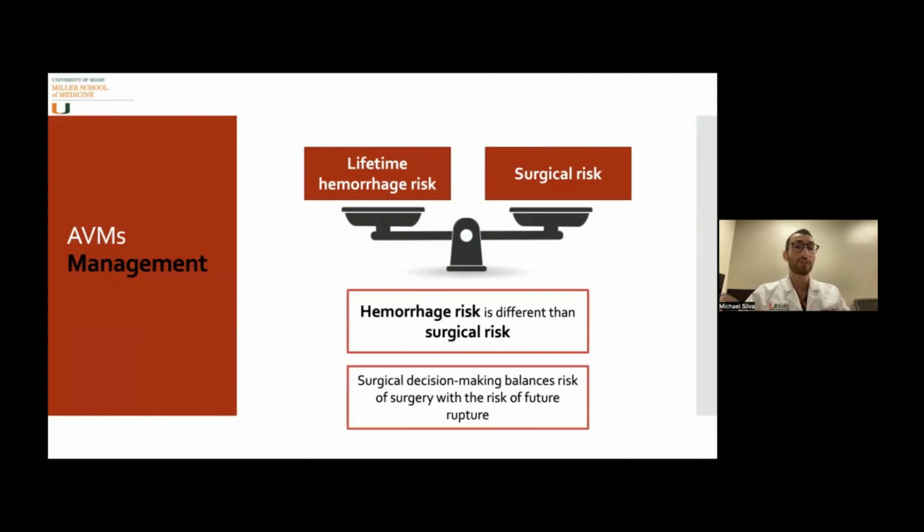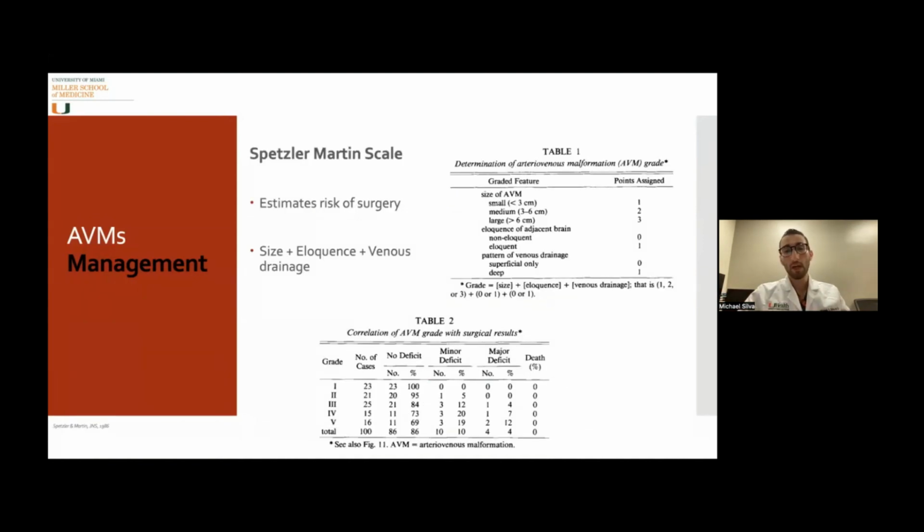And the decision of how to manage the patient is balancing the risk of surgery with the risk of future rupture. So the Spetzler-Martin scale, which we all know and are familiar with, looks at the size of the AVM, the location of the AVM, whether or not it's in eloquent tissue, and then the venous drainage, whether or not it's deep. This basically is designed to address the question I was just getting at, right?